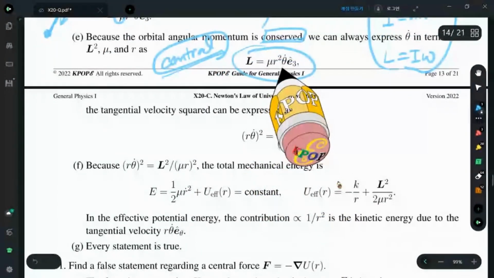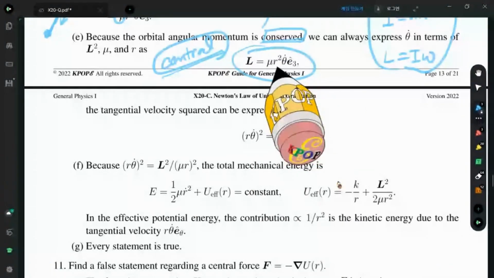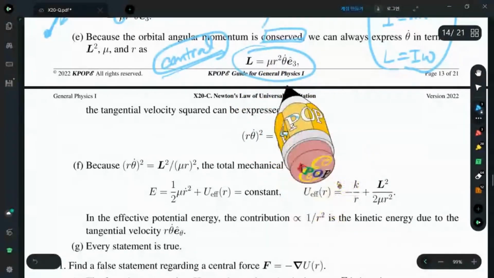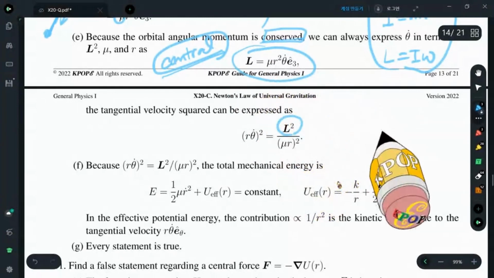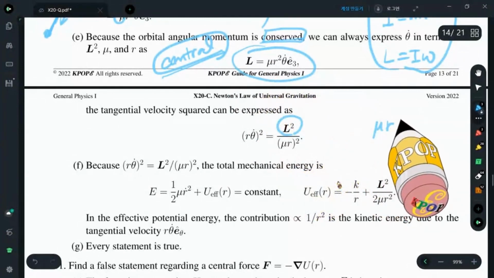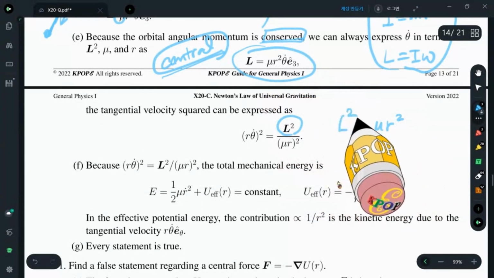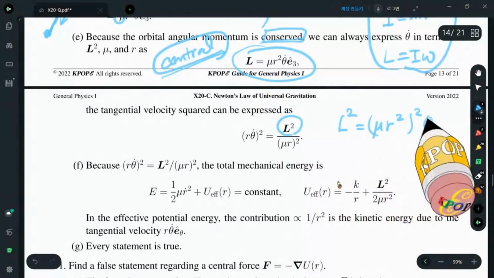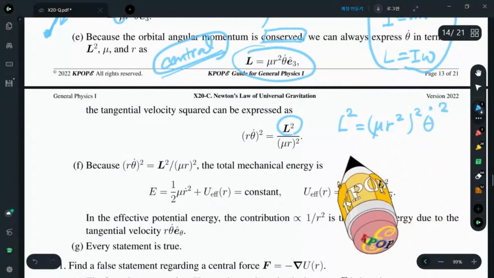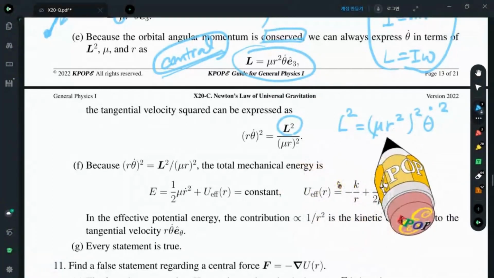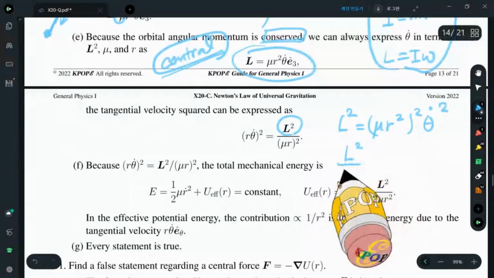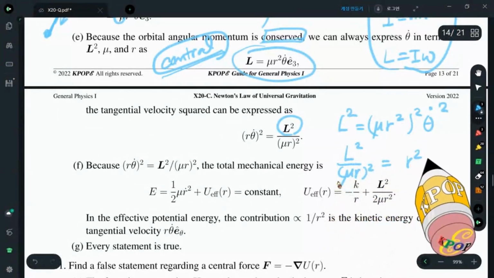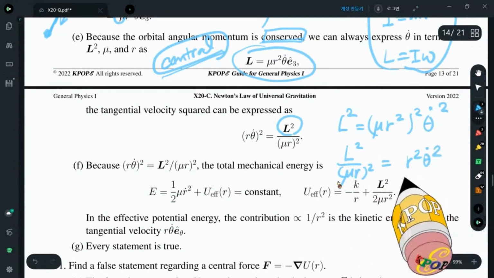Now, from this expression, why don't we square this? So angular momentum squared, L squared over mu r squared, and r squared theta dot squared.